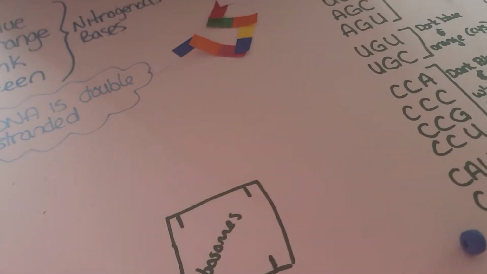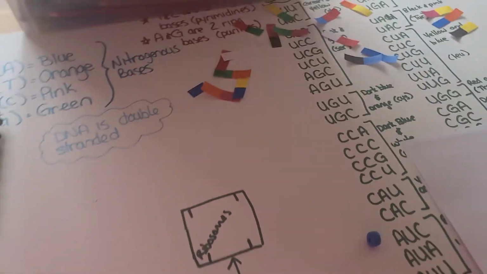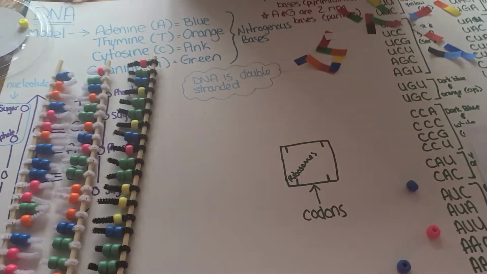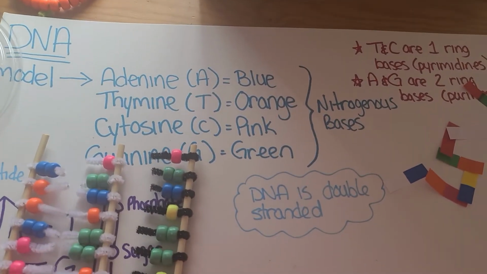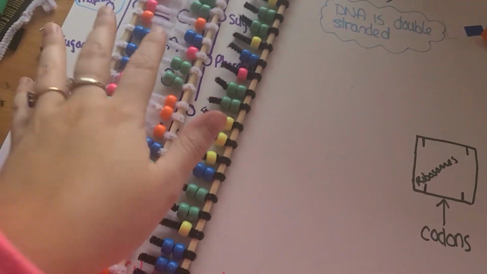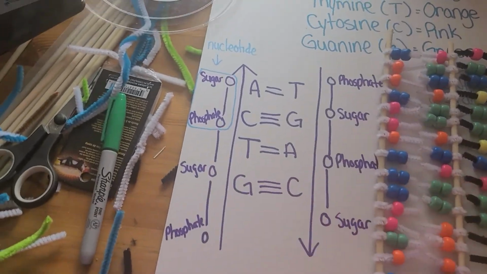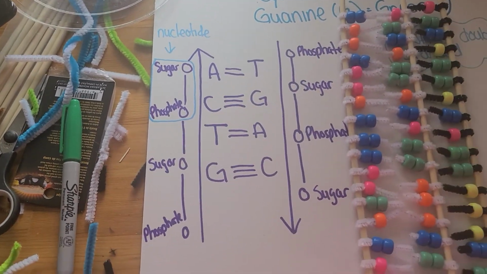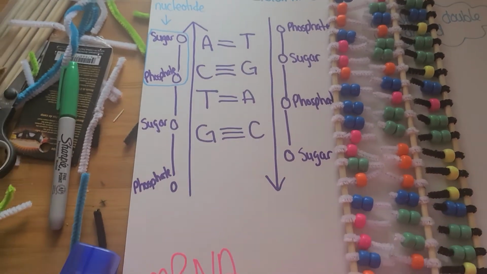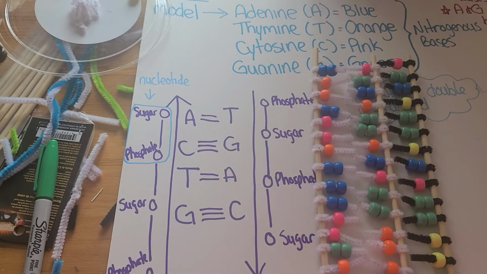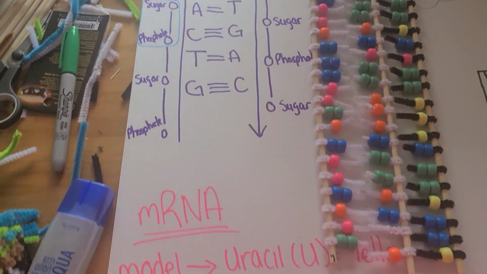I'll just show you my diagram. I have a bit of a mess here. This just represents which colors are which bases. This is a picture diagram of how the nucleotides work with the leading and the lagging strand, as well as the bonds between adenine, thymine, cytosine, and guanine.